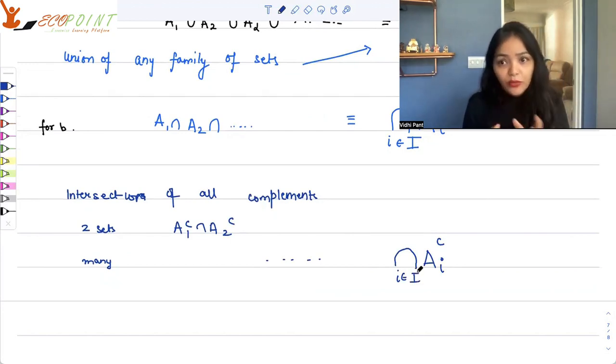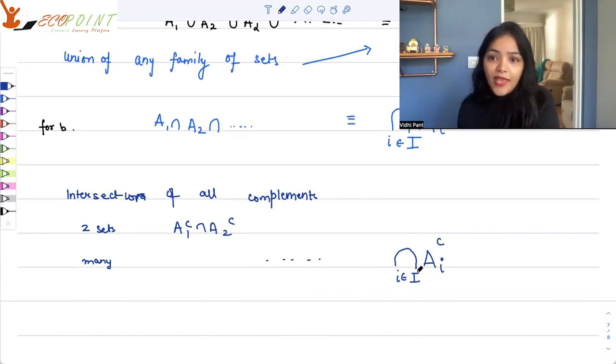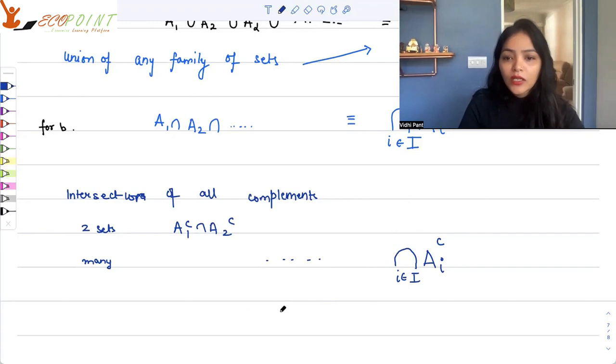We don't know whether we have to go only up till n or something else. So this is what the intersection of all complements would mean. Again, this is required for A.